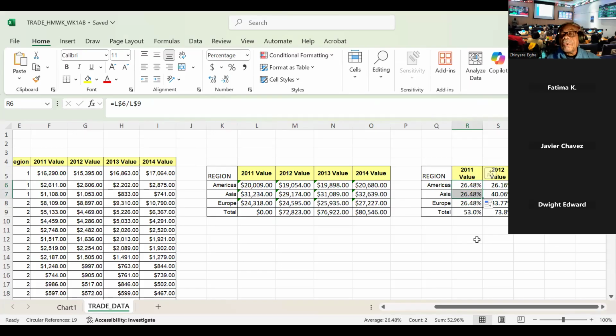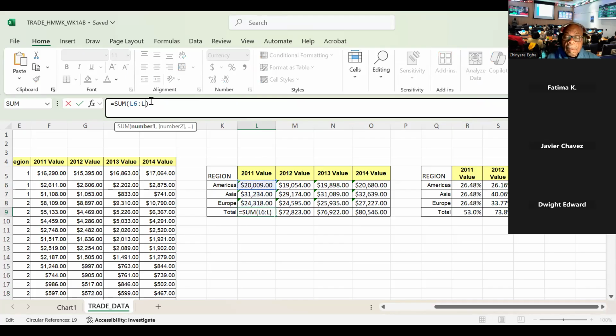Why is it not changing for Asia and Europe? You needed to edit. Oh, okay. So the total was good with L8, equals sum L6 through L8. Oh, I see what happens here. This is L8.